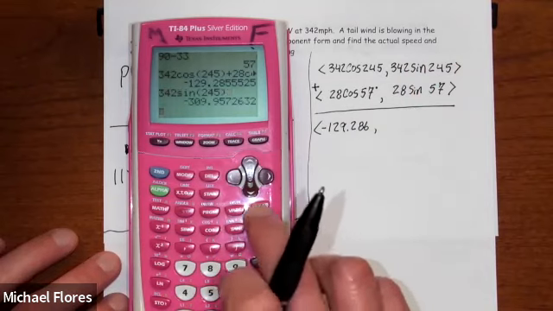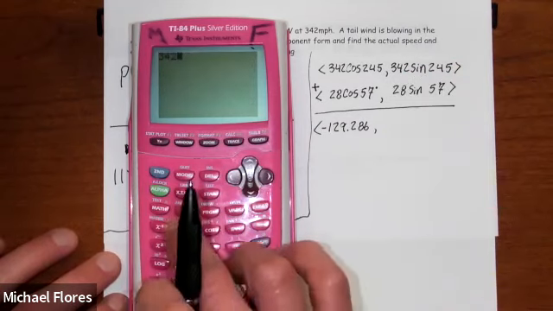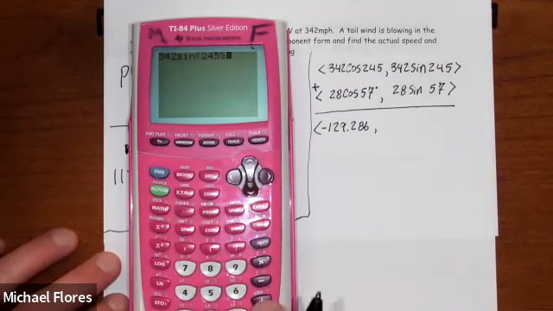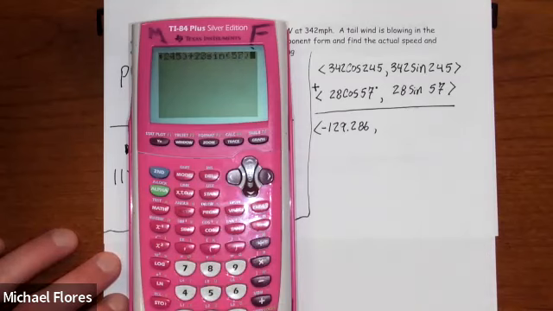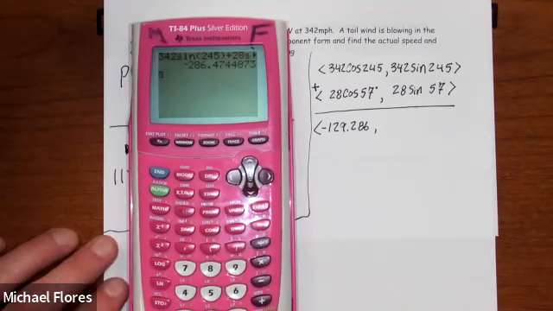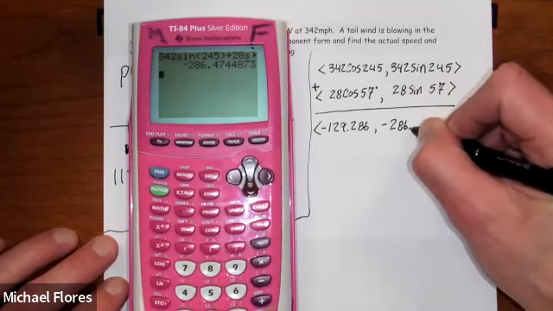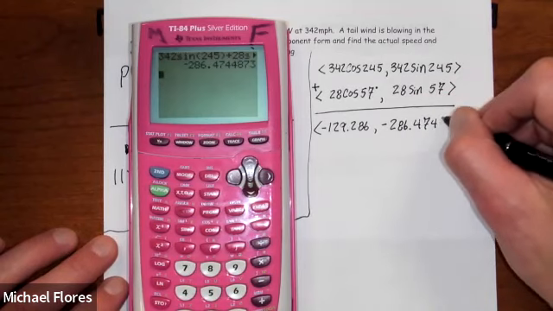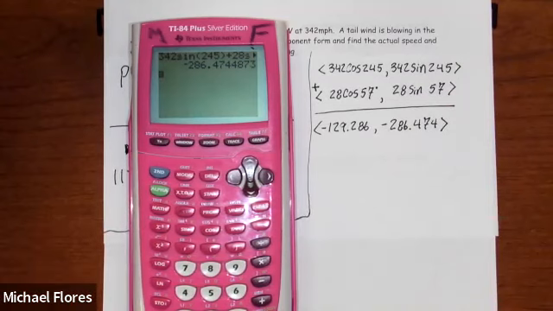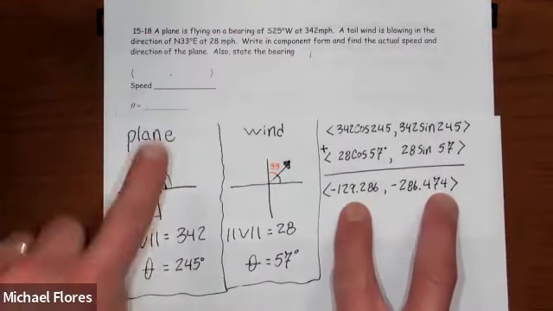Oops. Start that again, 342. Add that with 28. Okay, as a vector in component form, what we have here, that's what you would write here.